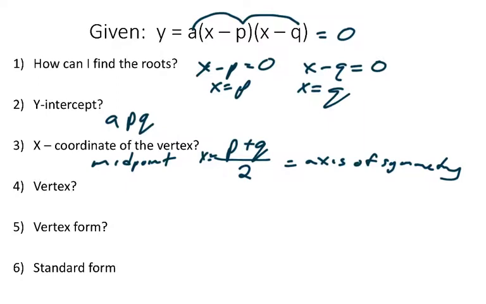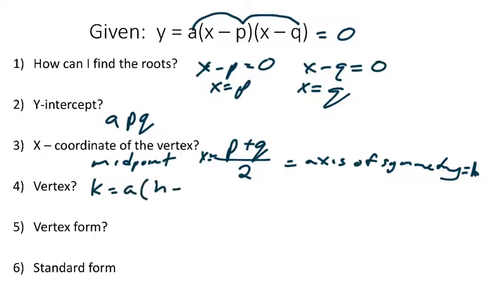Now for the vertex itself, this axis of symmetry we can also think of as h, the h value in the vertex form. So what I'm going to do to find the vertex, because I have to find the k value for the vertex form, is plug it into this equation for my x value.